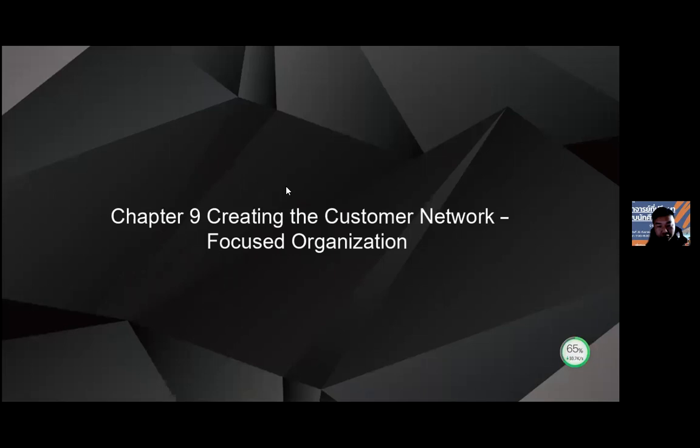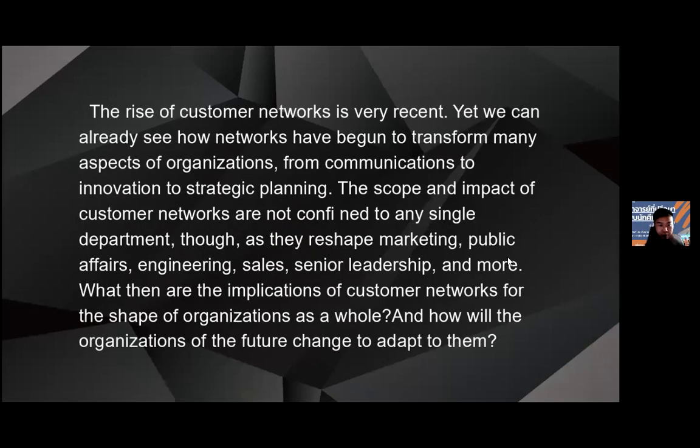Chapter 9, we are talking about the focus on the organization, creating the consumer network. The rise of consumer networks is very recent, yet we can already see how networks have begun to transform many aspects of organizations, from communication to innovation to strategic planning.